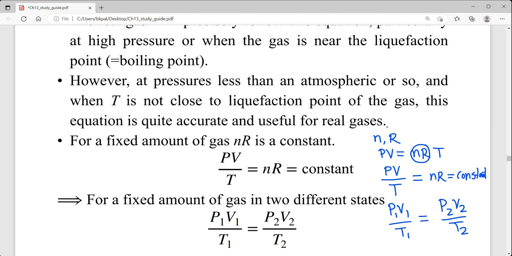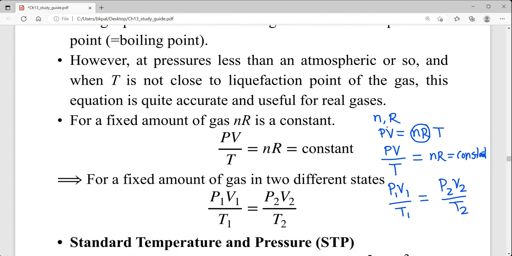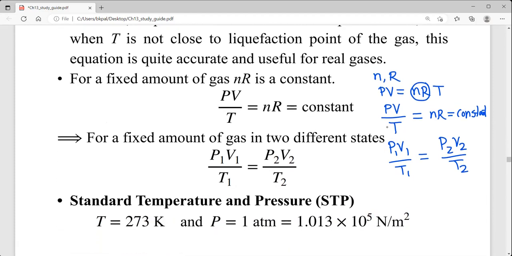Although pressure, volume, and temperature may be individually different, the combination PV over T will be constant, if n is constant. This is another way to write the ideal gas law or the equation of state.